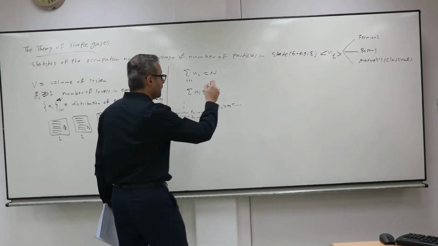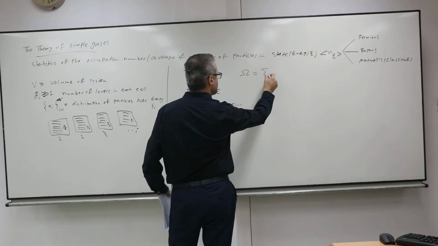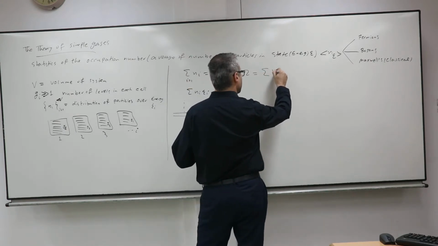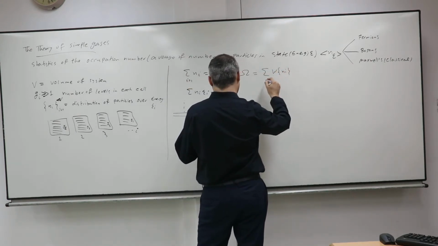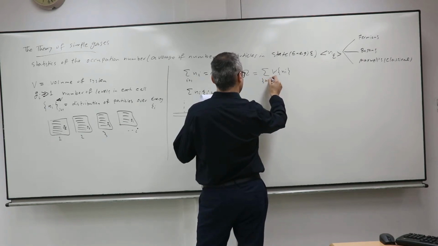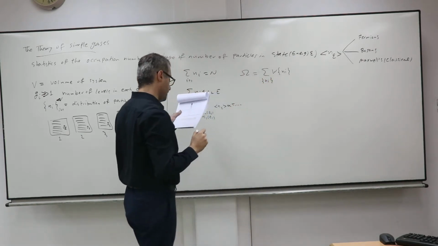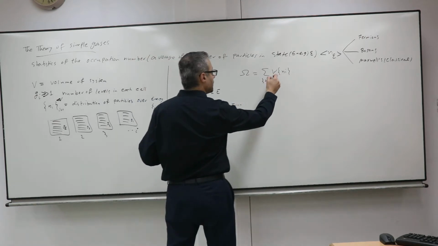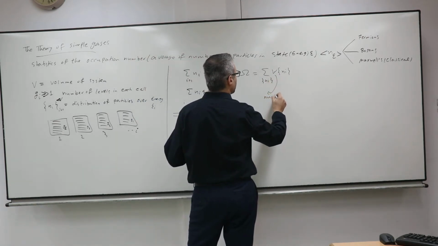So what we call omega was the sum of all the possibilities which you have here, the number of microstates.